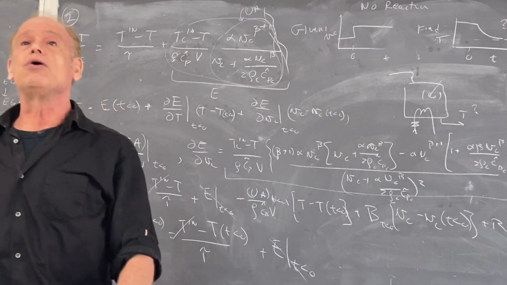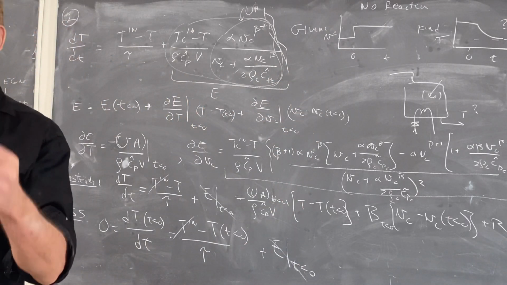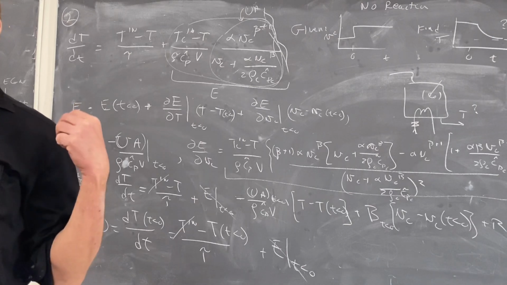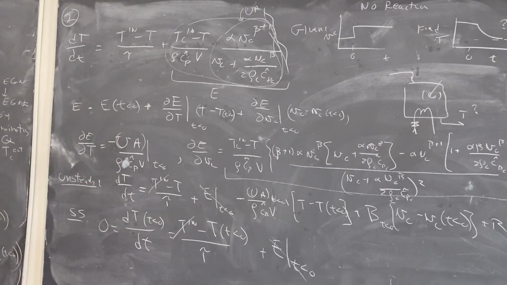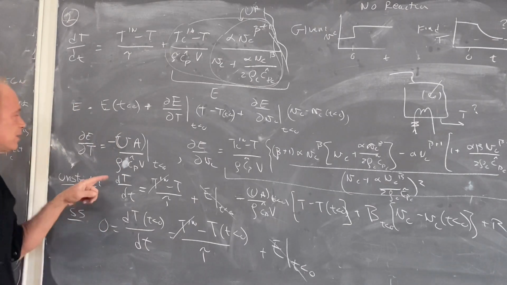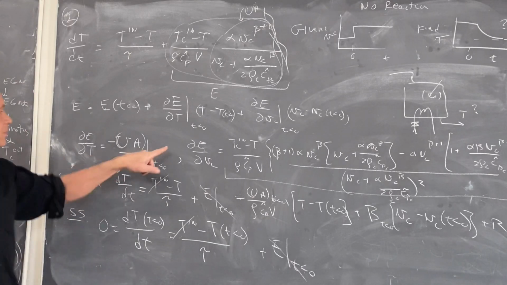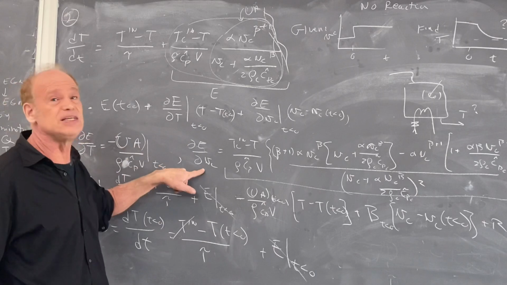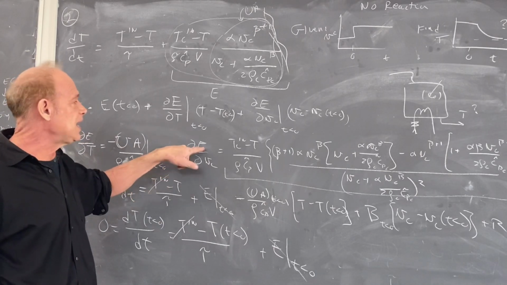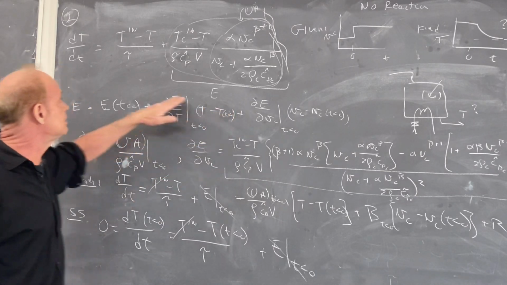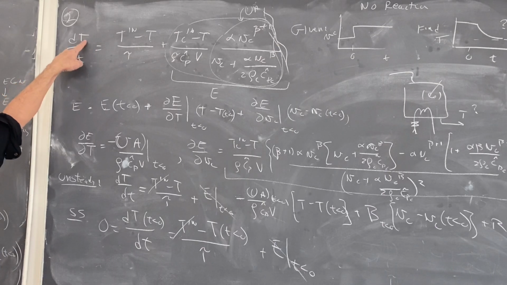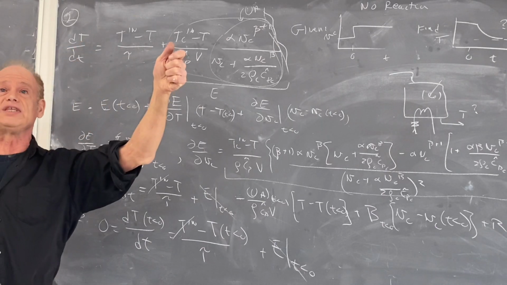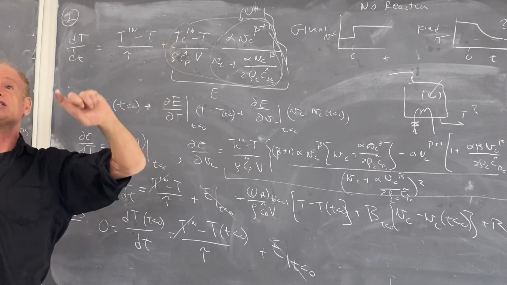So we want to know not how VC changes; we know how VC changes, that's a given. We want to know how that affects how T changes. That's why we're taking dE dVC, because E comes into the T equation. We want to know how T changes because we changed VC. So that's why we need it.